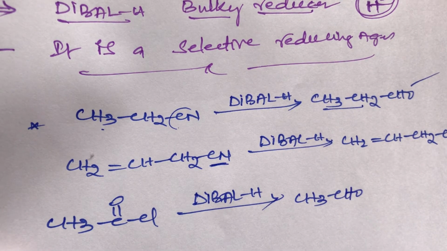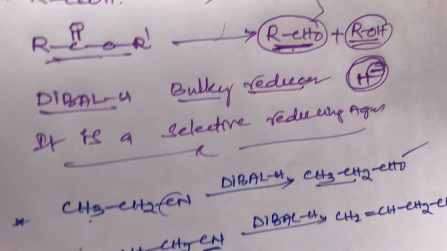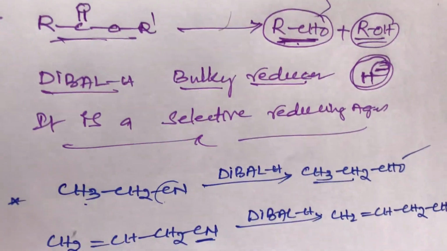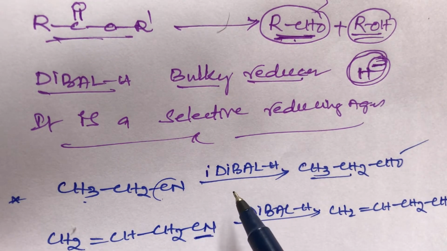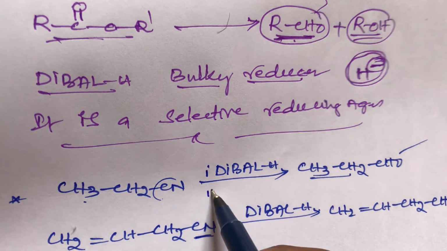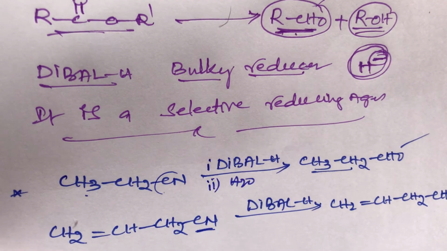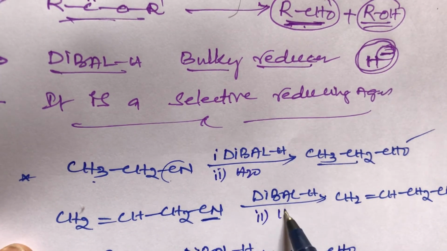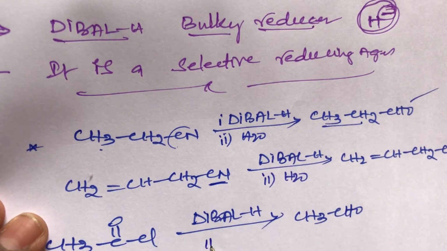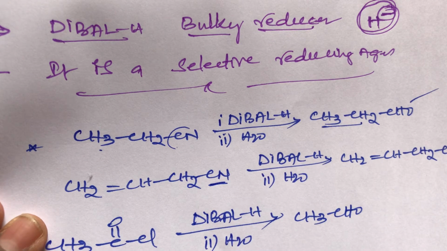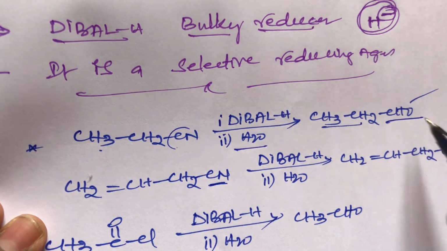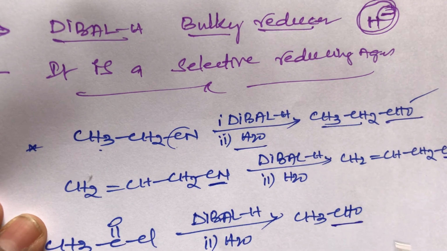One more thing, students: this dibal reaction is not a one step reaction, it is a two step reaction. In the first step, diisobutyl aluminum hydride attacks, and in the second step, water is added. So it gives aldehyde group.